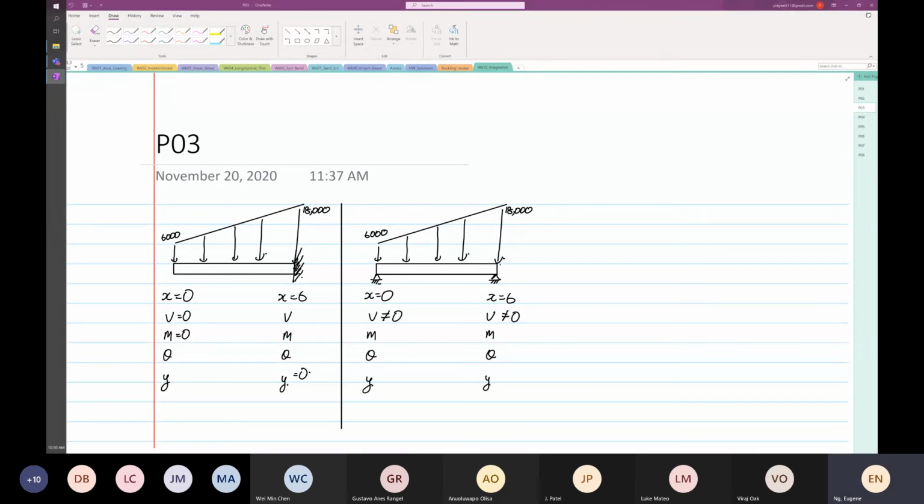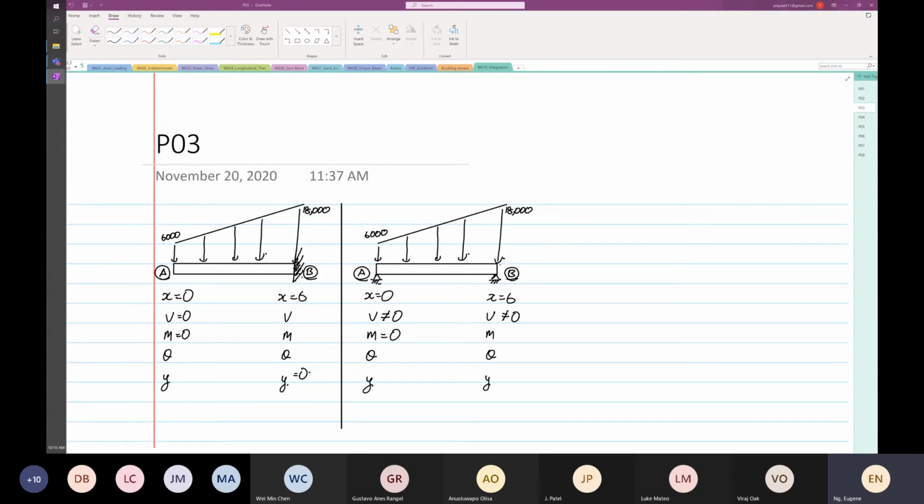At one end, point A, where x equals 0, and B where x equals 6, we know that there is a reaction at point A and point B. Whereas at a cantilever beam, at point A, the shear force is equal to 0. So now, the condition changes. The moment at point A is now equal to 0, like what I told you before, because when you remove the support at B, the structure rotates.